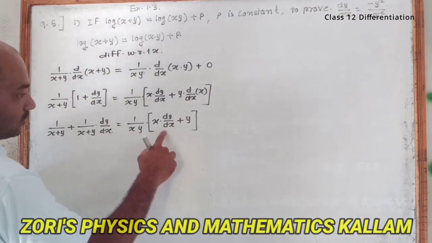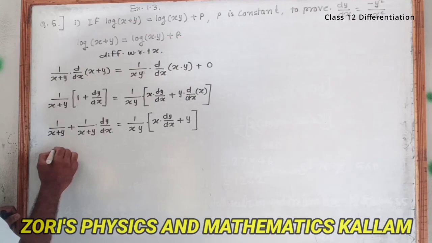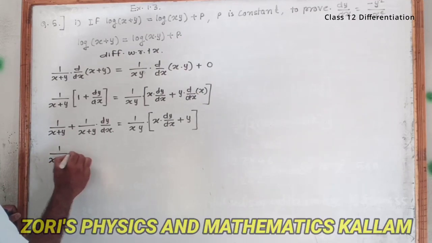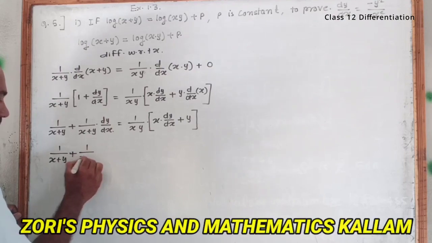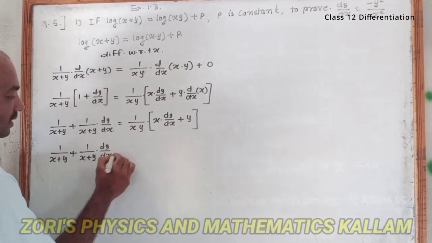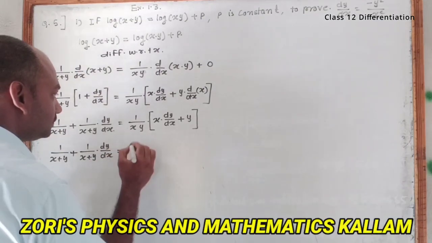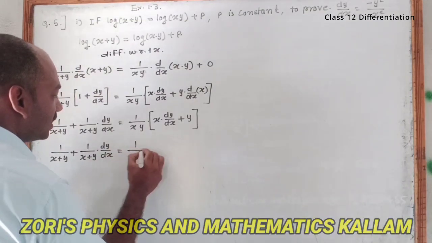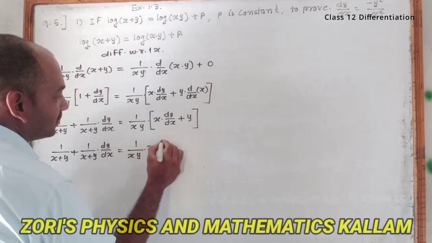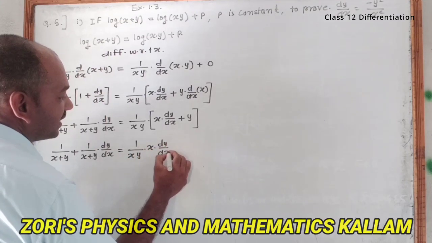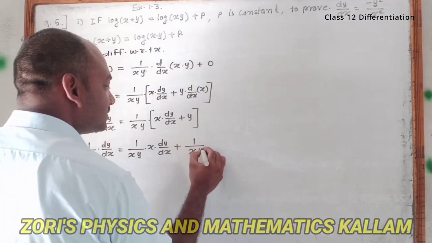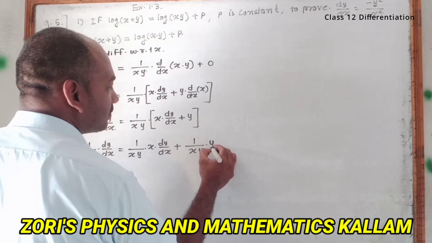Now here also we have to multiply. So 1/(x + y) + 1/(x + y) into dy/dx is equal to 1/(xy) into x into dy/dx plus 1/(xy) into y.